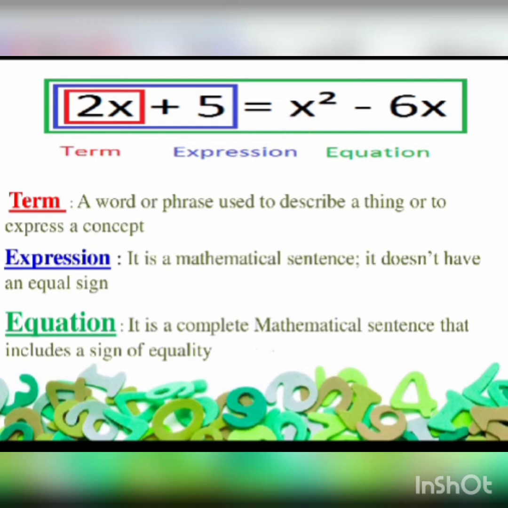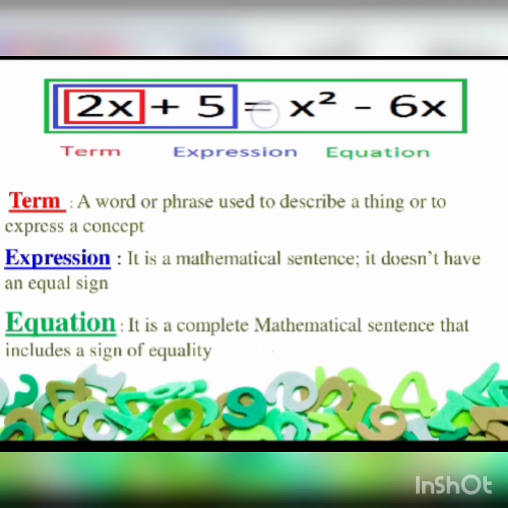And then x squared, as we can see here, is also a term on its own. 6x is also a term on its own. Now 6 is a constant coefficient which is attached to what? x, and x is a variable. So let's keep that in mind. Now the statement is called an equation because it contains an equal to sign.